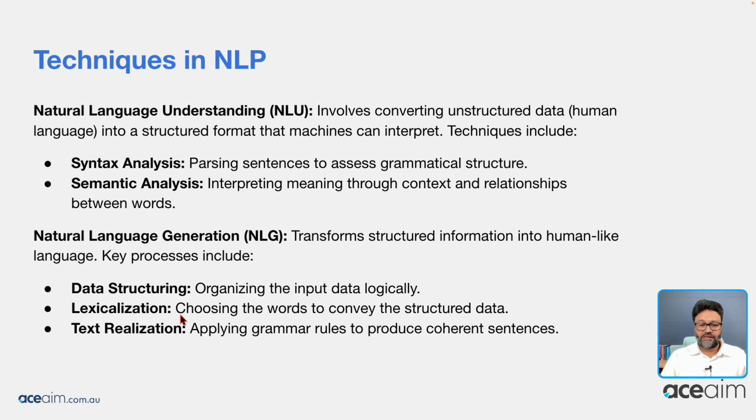There are three techniques that AI scientists use here. Data structuring is getting the structured data from the algorithm. Lexicalization is choosing the right words to convey the structured data. And text realization is applying grammar rules to produce a coherent sentence that humans can understand. So in summary, there are two areas: natural language understanding and natural language generation.